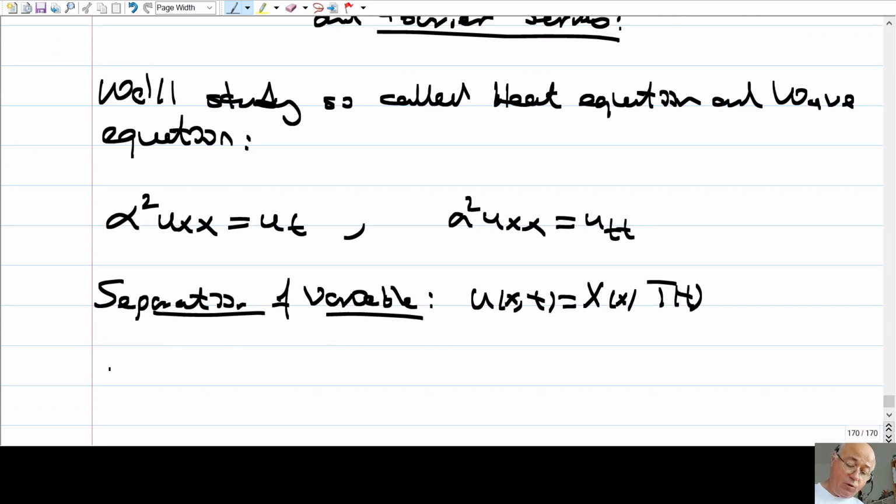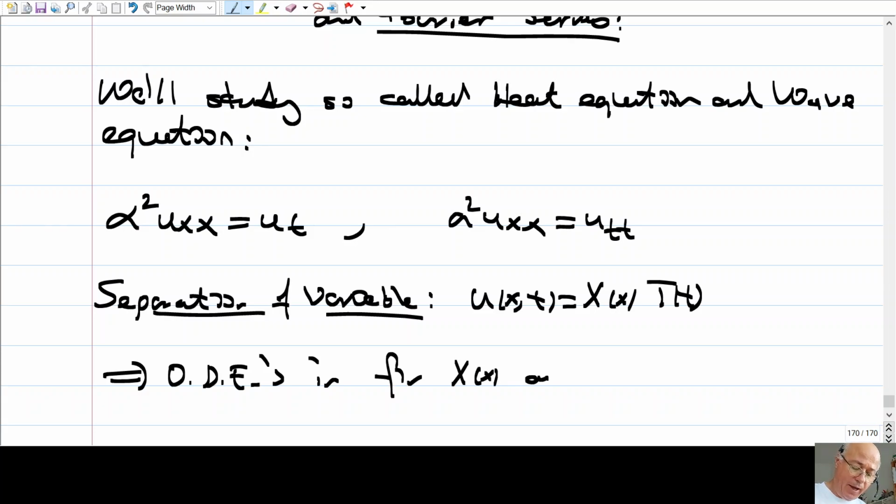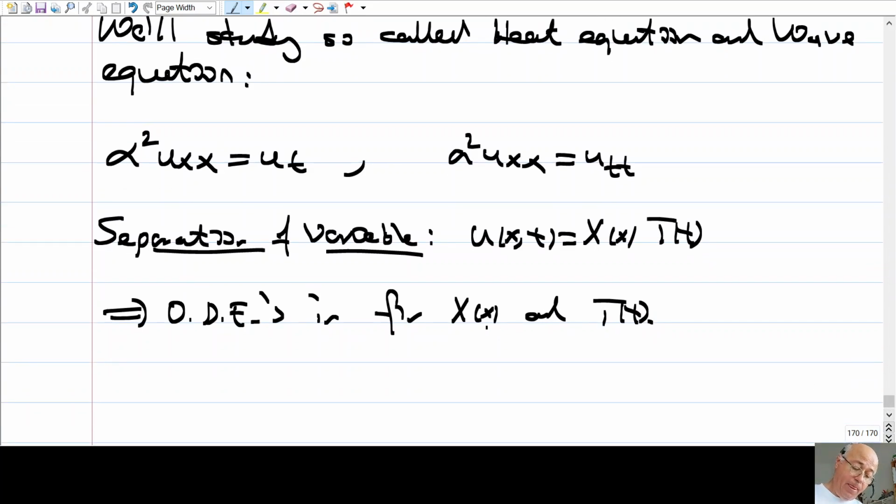And when you plug this form into this, you will get ordinary differential equations for X(x) and T(t). We will solve each of them, and then we will combine the solutions, and then we will use Fourier series to write down the solution of the differential equation.